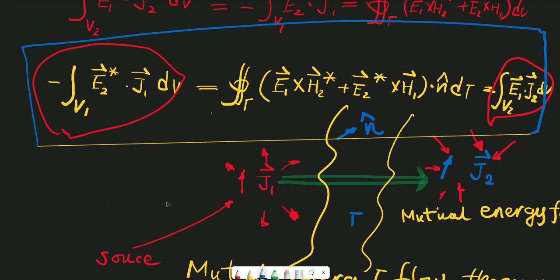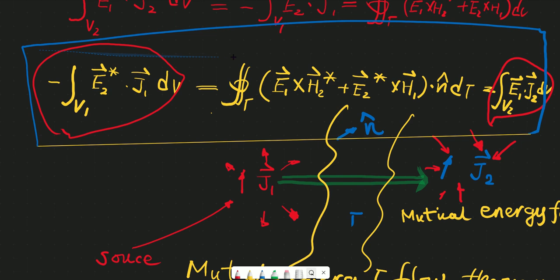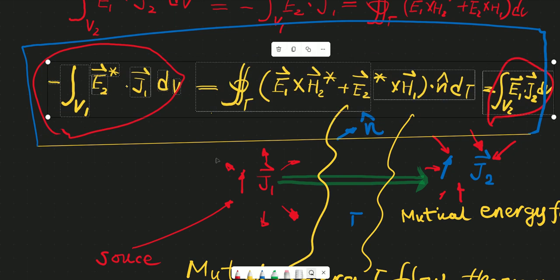Another thing is, when I got this mutual energy flow theorem, I began to use it. However, I immediately found something wrong. Let me show you what is wrong. For this formula, we copy that.